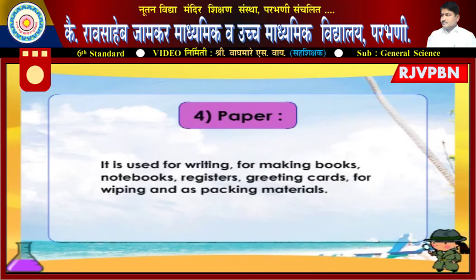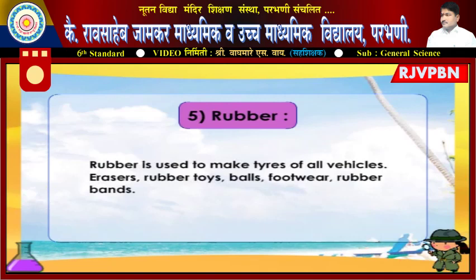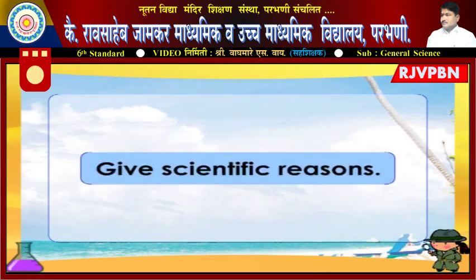Paper. It is used for writing, for making books, notebooks, registers, greeting cards, for wiping, and as packaging material. Rubber is used to make tires of vehicles, erasers, rubber toys, balls, footwear, rubber bands, etc.